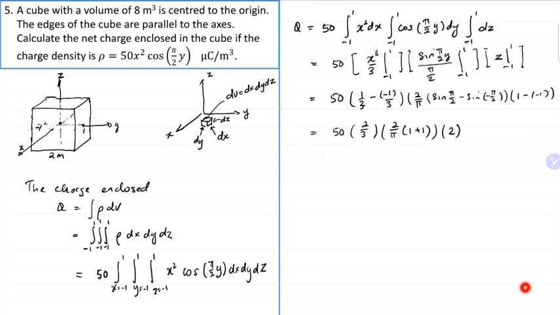Then I have 2 here. And this gives us 84.9 microcoulombs. Okay, so that's the solution for question 5.